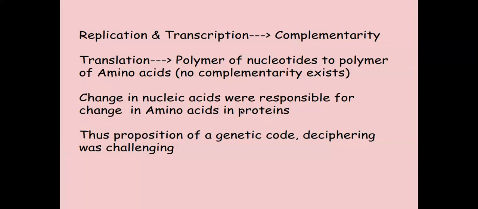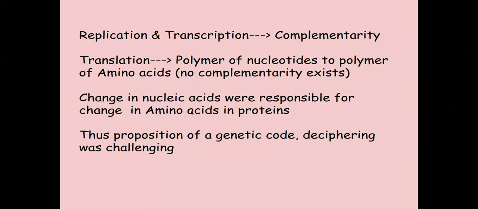Now, the idea came from experiments that showed them that if you change the nucleotides in nucleic acids, there will be a corresponding obvious change in the amino acids in the protein that is coded by that nucleic acid. So this kind of information they had through experiments. That is, any change in nucleic acids would result in a change in the amino acid sequence in proteins.